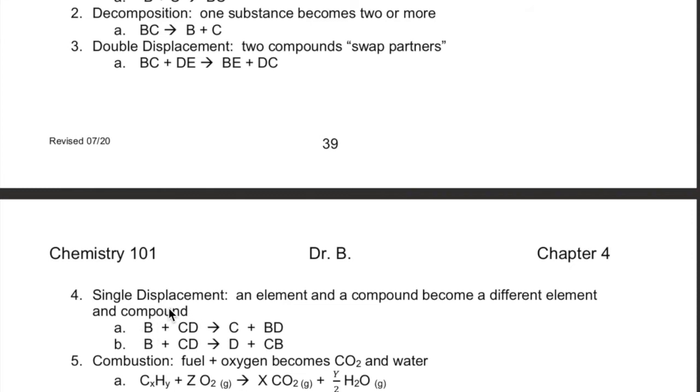So if B is a metal, it's going to replace the metal. So you get a compound like BD. If B is a non-metal, it can replace the non-metal. So then you'd get a compound like CB. If you start with 2 compounds instead of a compound and an element, they can just switch partners, and that would be a double displacement.